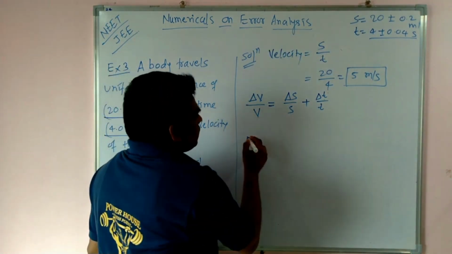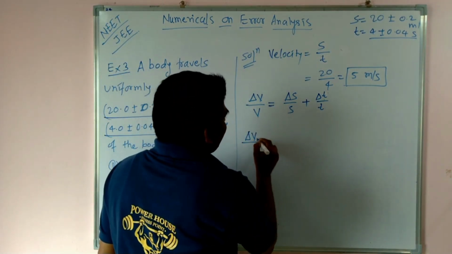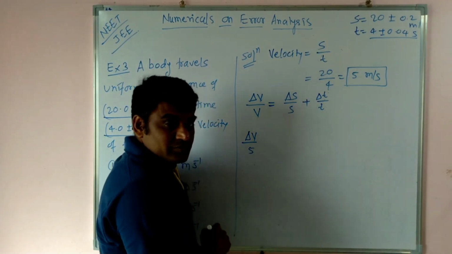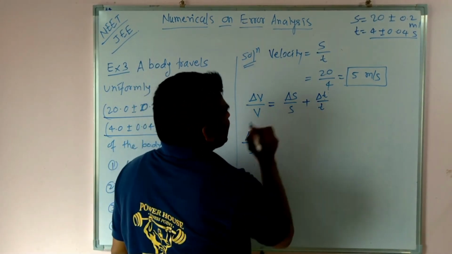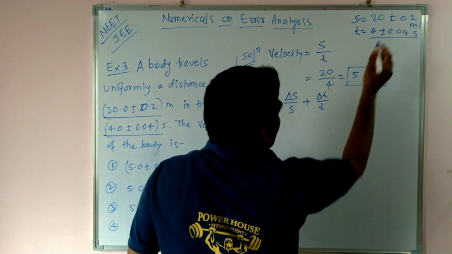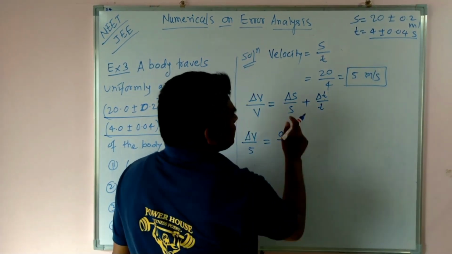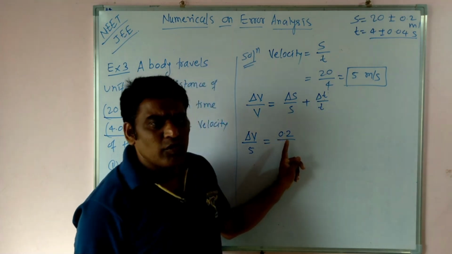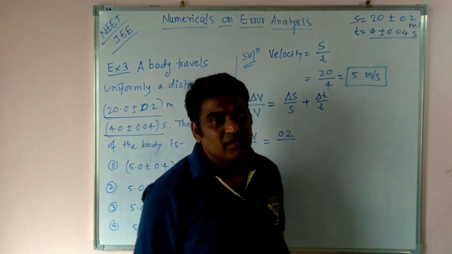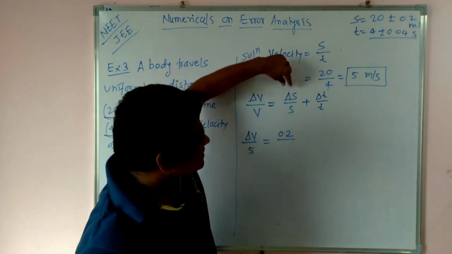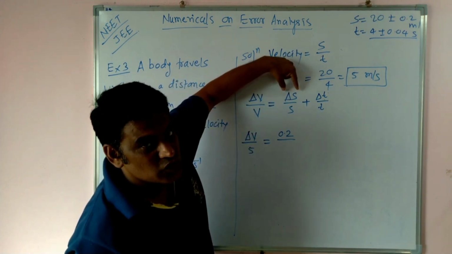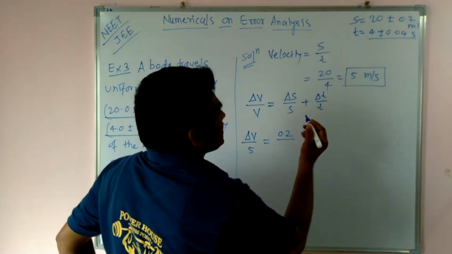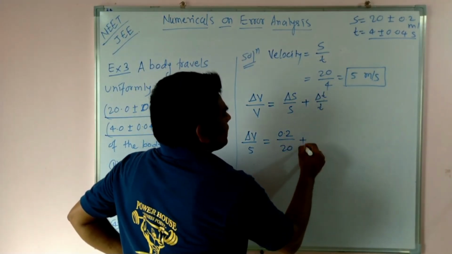So dV by V, where V we have calculated as 5, is equal to delta S, the error in displacement, 0.2, divided by S. Only the positive value we have to take; plus or minus is the error, but in the relative error this is the mean absolute error, meaning we take the positive value. So 0.2 by S, and S is 20.